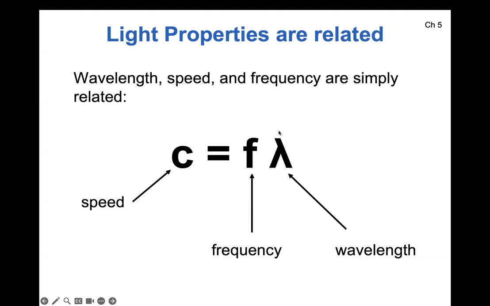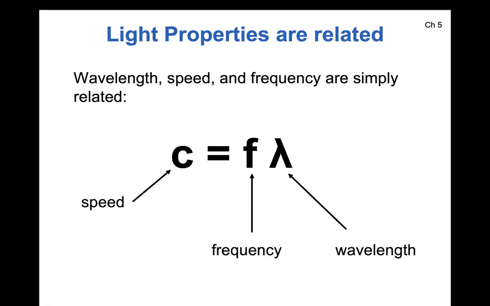It can actually be applied to any wave, except that this speed wouldn't be c, because c is the letter we use for light speed. Normally, if it was the speed of some other wave, we'd use v for velocity, but for light, we always use c as the specific letter that's reserved for light speed. I don't know why they chose c, but it's really only used to represent light speed.